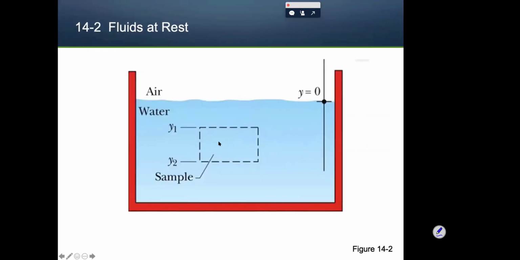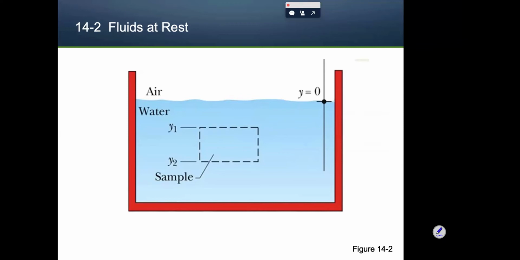This fluid element right here. The question is, if we replace that fluid element with something else, a brick or a pocket of air or a balloon or anything, what would the sum of the forces look like then? And how would they be different? And how would it be different than if it wasn't submerged in the fluid?